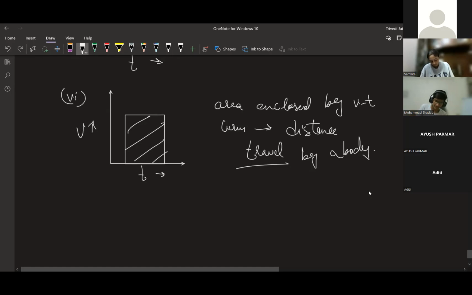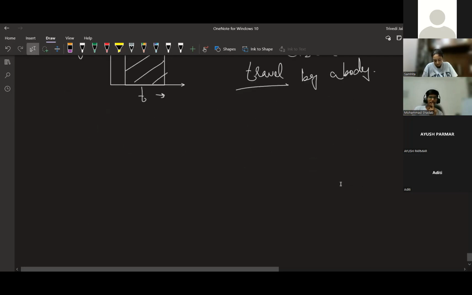So if we consider those things, it will be displacement. Like if he went up, down, or whichever way in the graph, we see all the directions. When we are considering direction, that time it is displacement. So let's draw one graph and solve one question.